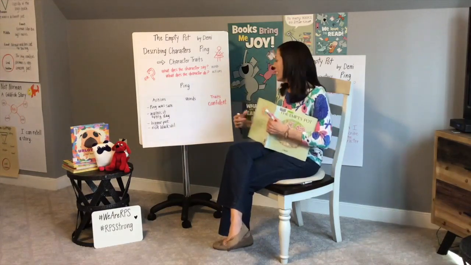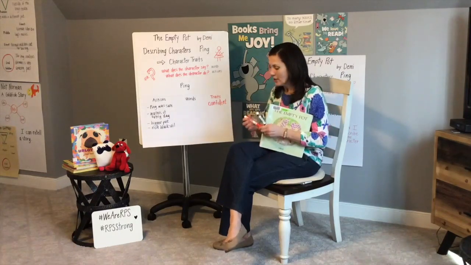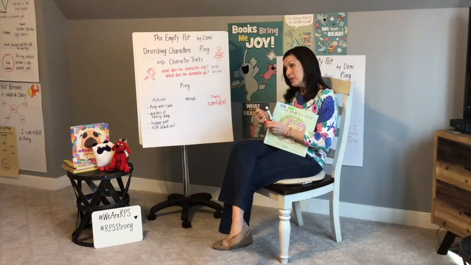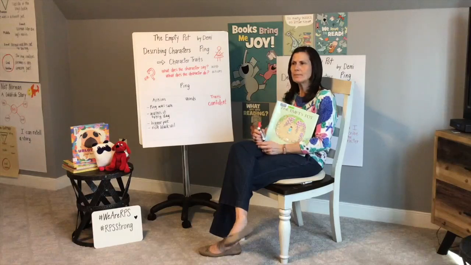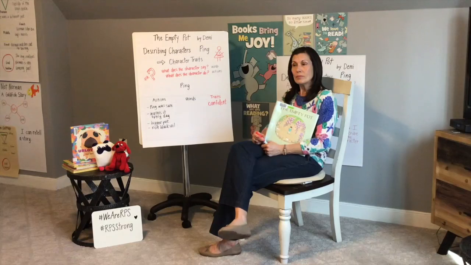So when I think about what traits describe Ping based on those actions, I think about what I know. Because the text said that even though he watered it every day, nothing was happening. So sometimes when we are trying to do something and it's not working, we may feel frustrated. And I think we said Ping was feeling confused.